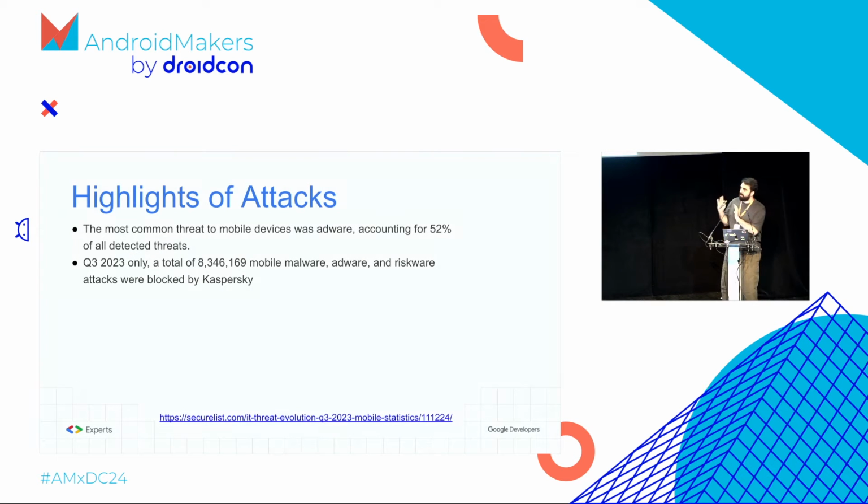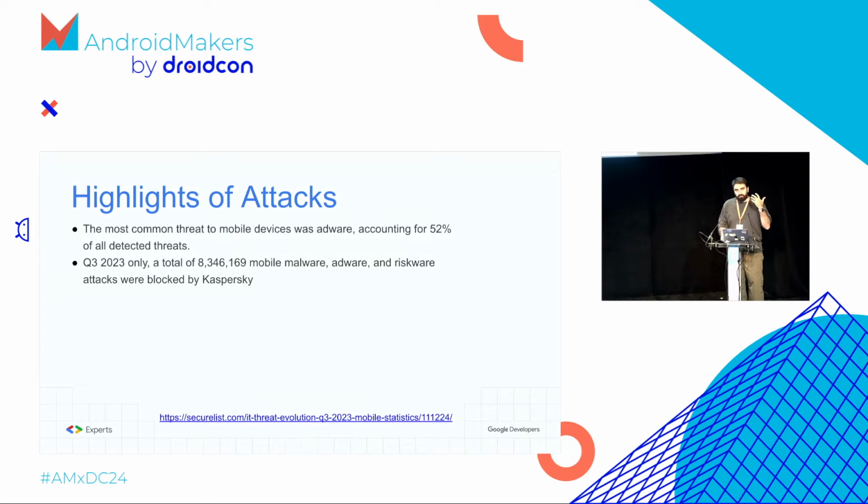So let's do a quick recap of what's happening in the world, what we are going up against, and the overall attack surface. This is only for one quarter, the third quarter in 2023, according to Kaspersky, which is antivirus and anti-malware software.